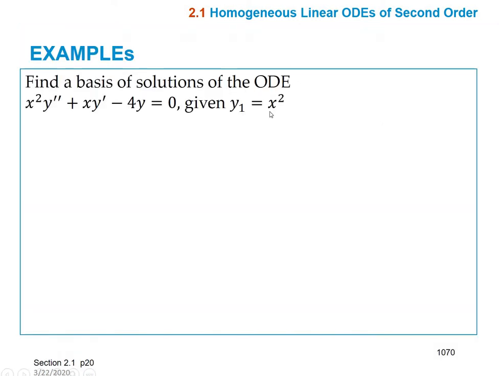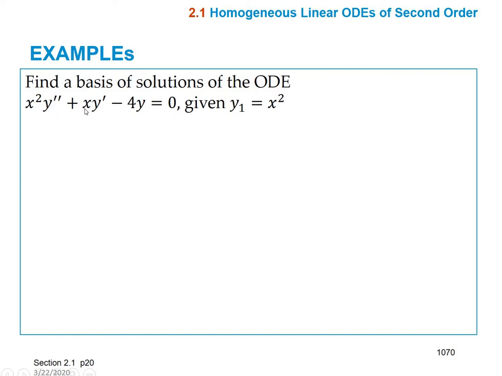Okay, I have this problem. Find a basis. Basis means I need to find the two solutions for this homogeneous linear ODE. I know I do have two, and one of them is given; how do I find the second? Basically, guys, I need to use the method of reduction of order. This method says I have to write this equation in standard form.